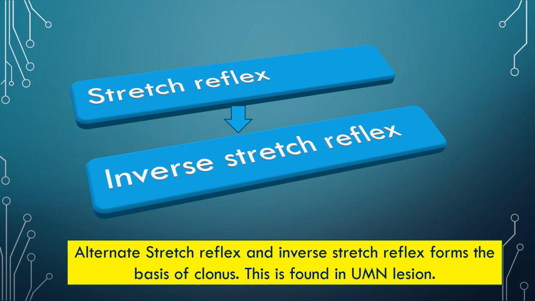So stretch reflex will be followed by relaxation of muscle, or the inverse stretch reflex. And alternate stretch reflex and inverse stretch reflex form the basis of clonus, and it is found in upper motor neuron lesion.